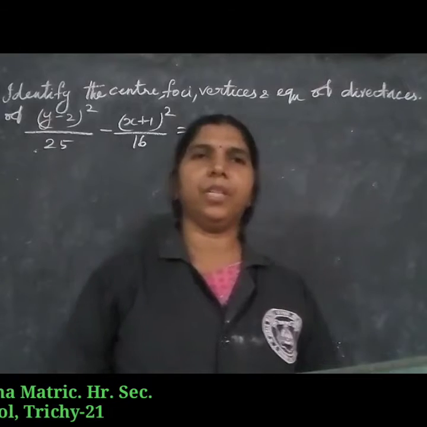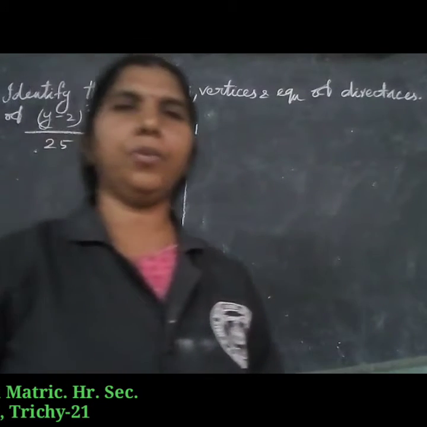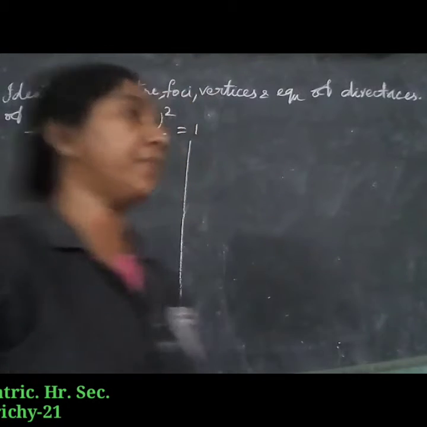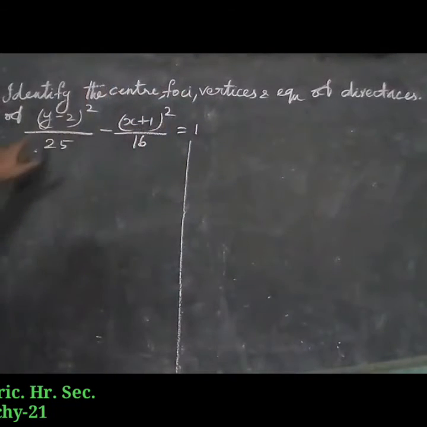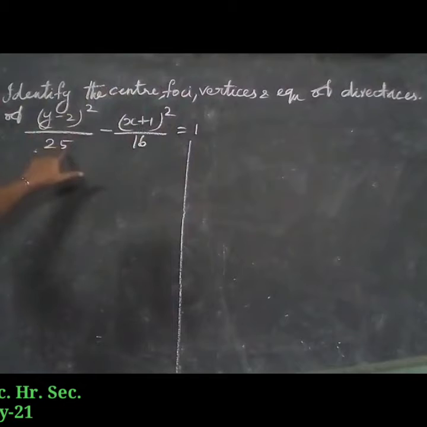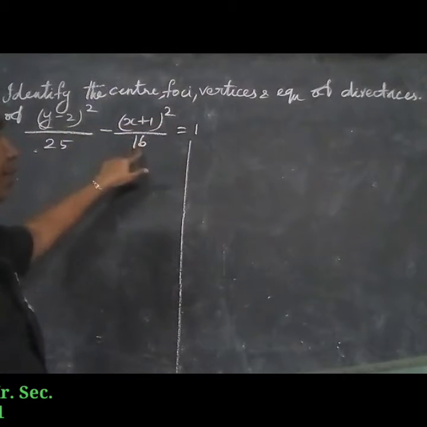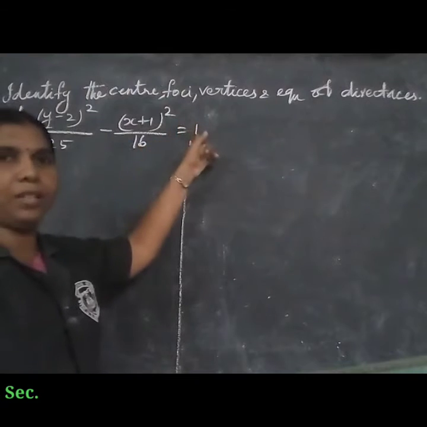Next question. Here also we have to identify the focus, center and equation of directrix only, but the question is given in a different form. That is (y minus 2) the whole square divided by 25 minus (x plus 1) the whole square divided by 16 equal to 1.